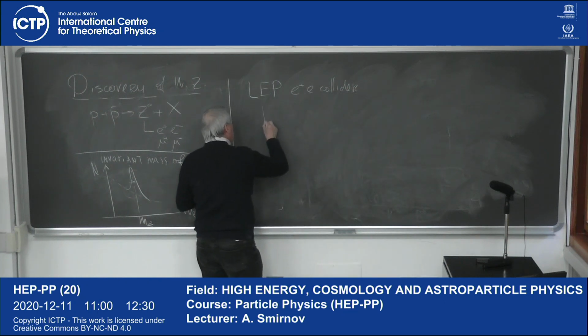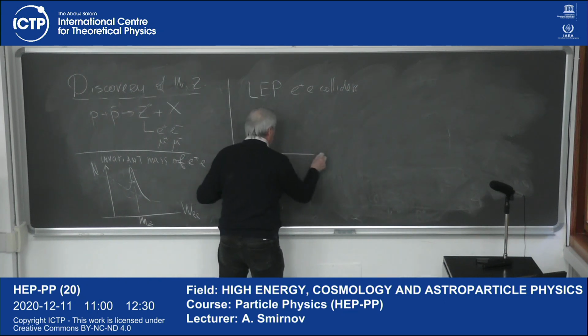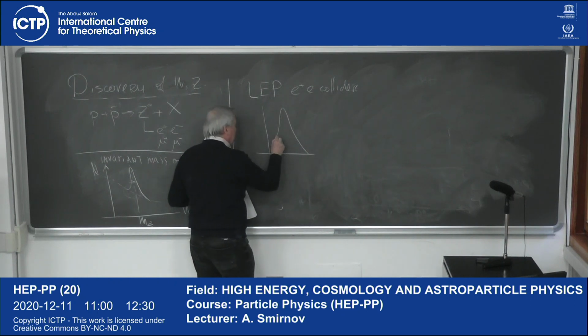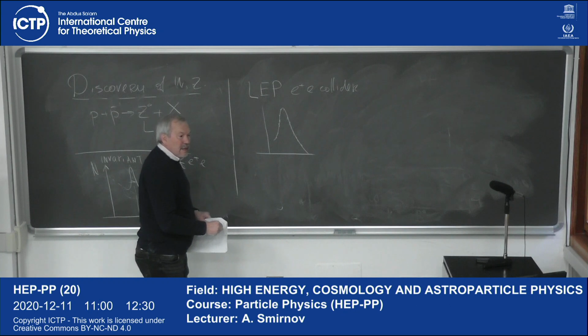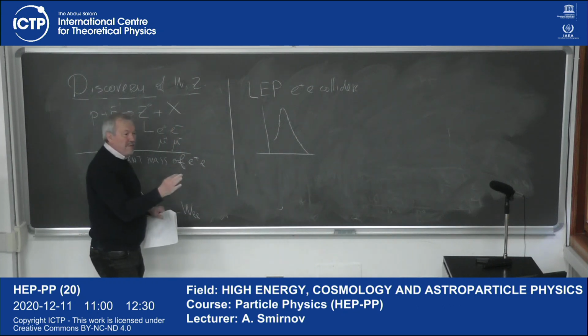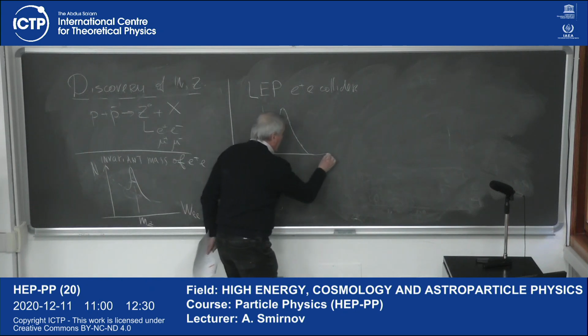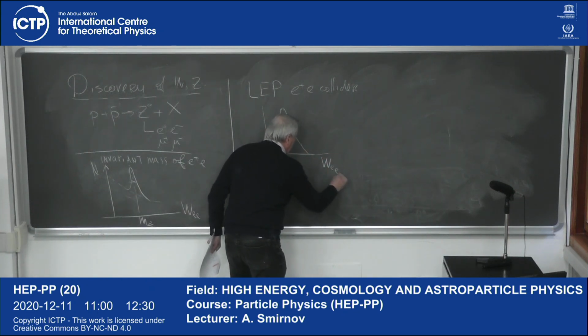And they performed very precise measurements of this Z0 peak. If you see the plots, the point is like this. They really see that the Z0 has no definite mass, so there is a distribution in the mass.